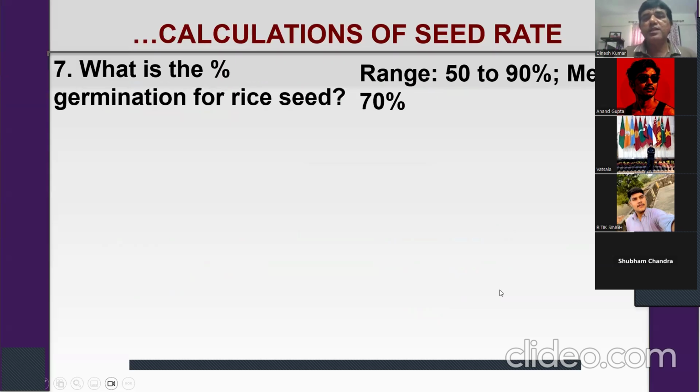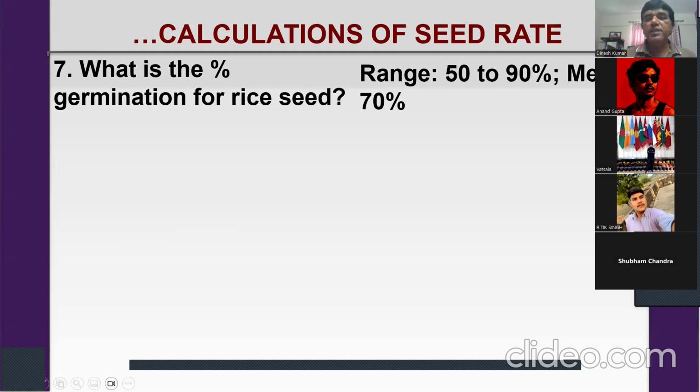Now we need to adjust for the germination because you will never find 100% germination. Then we need to increase the seed rate. So in the last slide, we have seen it was 25 kg. So 25 kg of seed can make 10 lakh seedlings if there is 100% germination and 0% mortality or death of the seedlings. But that does not happen under practical conditions.